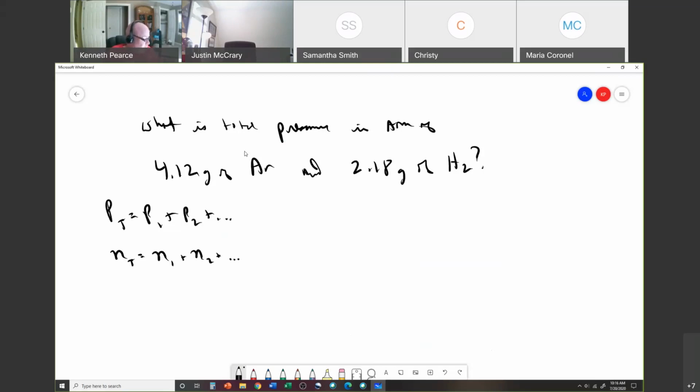And so anytime I see grams, what do I know that's true? When I see grams, I know I'm gonna need the molar mass of each one. And I don't remember off the top of my head what argon is, so I'm going to look at my periodic table. And what do we see for argon? Argon is 39.9. 39.9 grams argon for every mole argon.